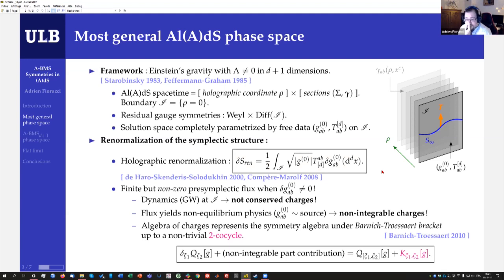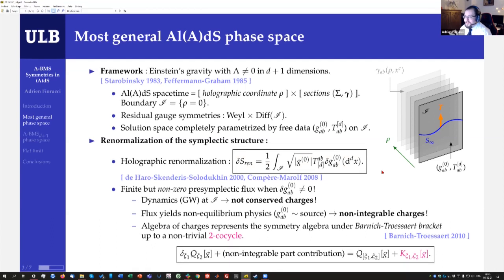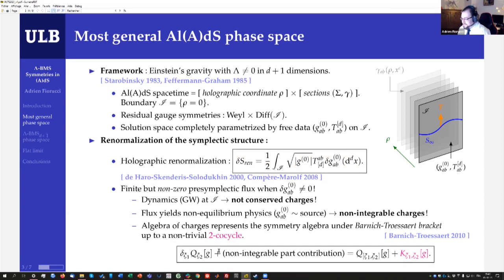But even though this seems to be some ugly property for your charges, you can still show that they close an algebra. But at the price that you have to modify the Dirac bracket of the charges and promote it into the now famous Barnich-Troessaert bracket, which is modified to take into account the non-integrable part of the charges.